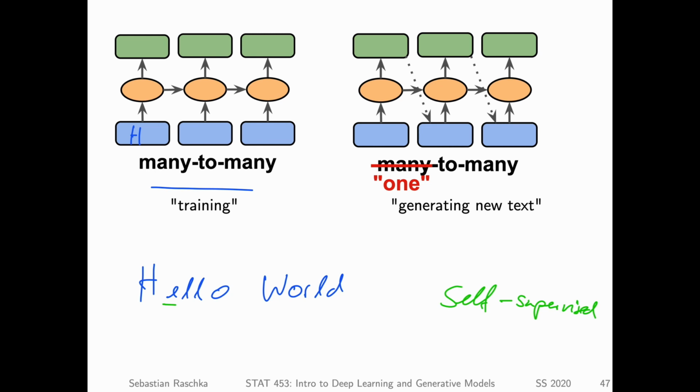So we ask the network to predict the next letter, which would be the E. And then this time step is finished. For the next time step, we also use the E, because we move one step further. And then we ask again the network to predict the next letter, which would be the L. We then also use it as input again, and then it should predict the next one and so forth.